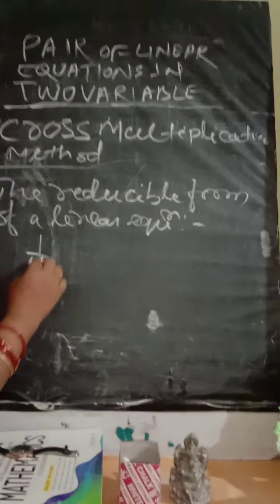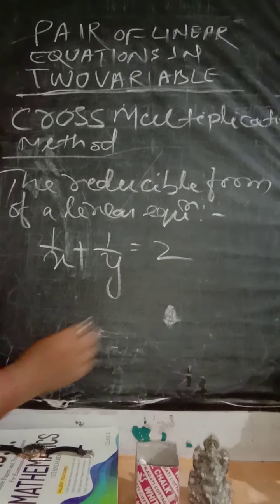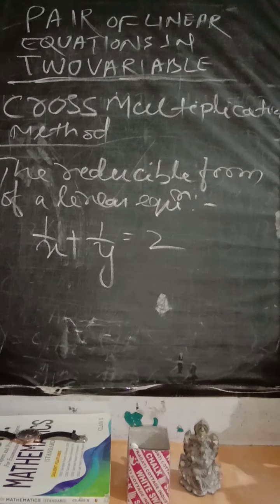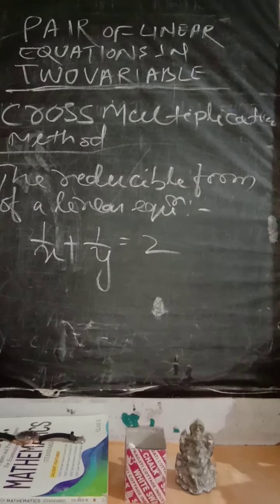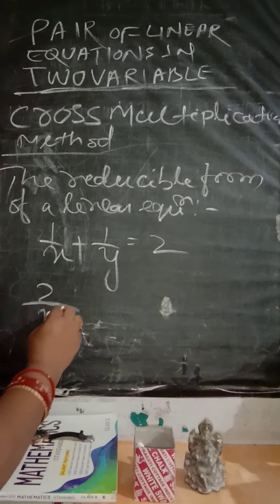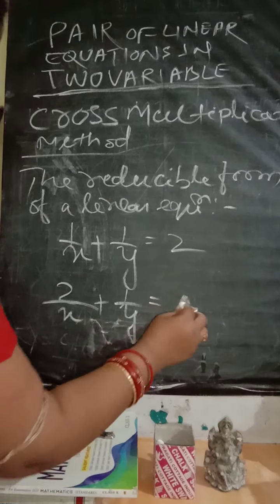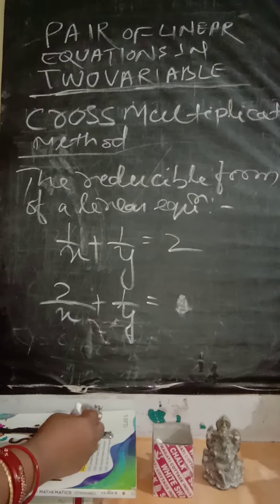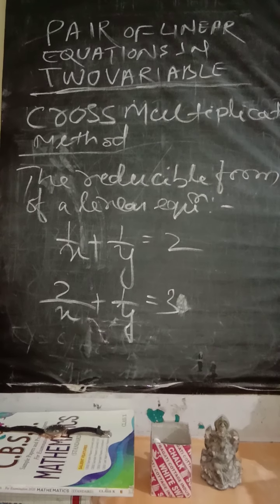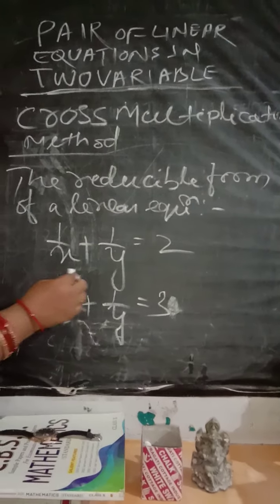Let 1 by x plus 1 by y is equal to 2 and 2 by x plus 1 by y is equal to 3. Then what? There is no exact formula for this. These are the reciprocal form.